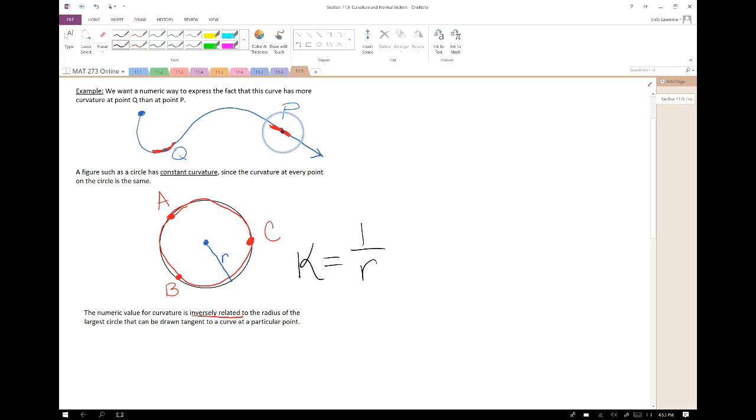So at point P, because it's fairly straight, we could draw a really big circle tangent to point P in our first curve. And a really big circle means a small curvature. At point Q, we could fit a much smaller circle tangent to point Q, and since it's a smaller circle, it would have a larger curvature.